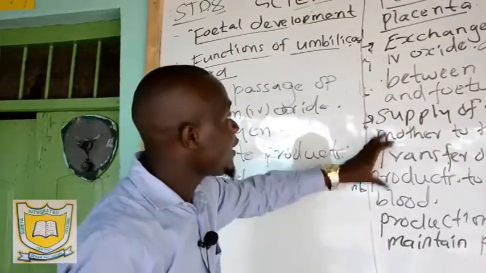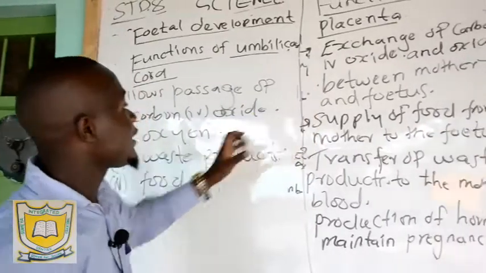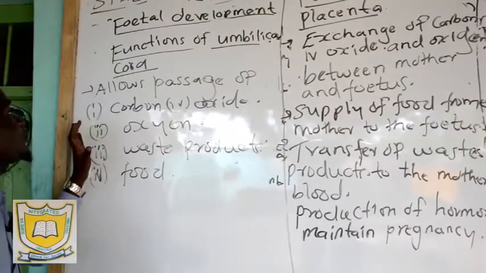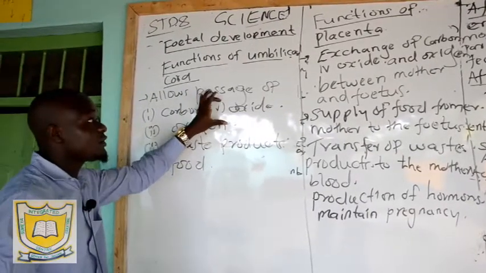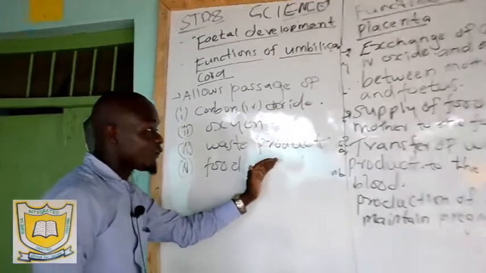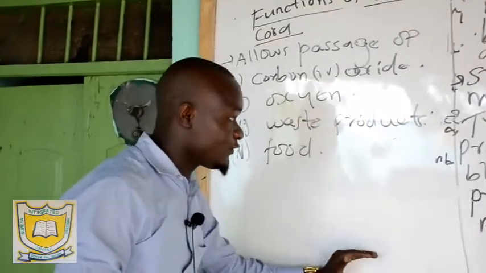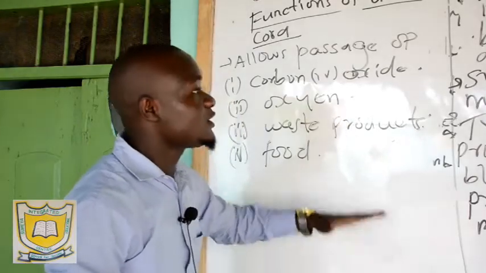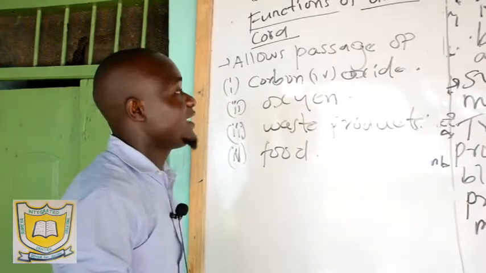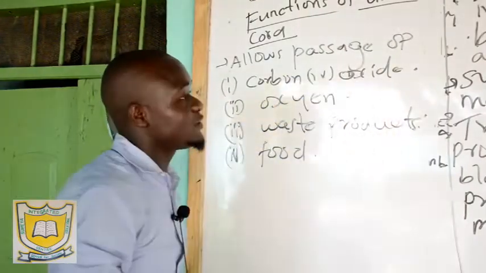Now, these main 3 functions of the placenta cannot be successful if we don't have the umbilical cord, because the umbilical cord is the one that transfers the food from the placenta to the fetus, and again it transfers the waste product from the fetus to the placenta, then they are transferred to the mother.